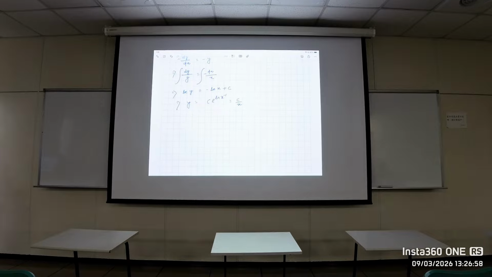Or any confusion? ln y, if you keep y, it will be e to the power something, right? I just apply that method. So I got the solution, that is y is equal to c by x. This is my general solution.